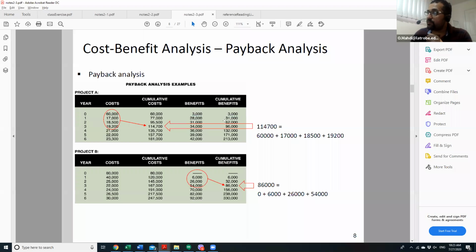The cumulative benefits for the third year is 62,000. Where did it come from? It came from the current benefits of the current year, which is 31,000, plus 28,000 the previous year, plus 3,000 from year one. So the cumulative benefit is 62,000.